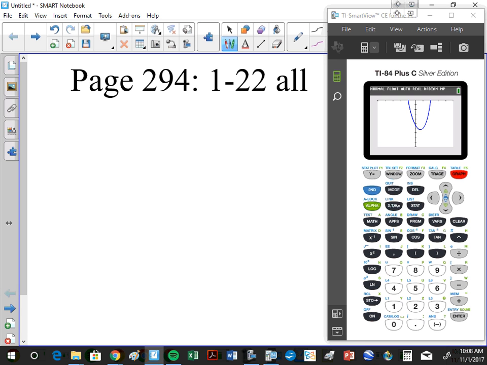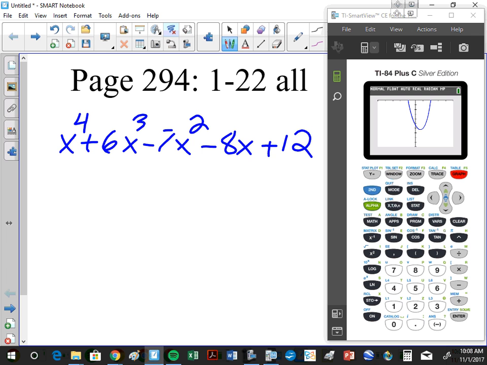So if I had x to the fourth plus 6x to the third minus 7x squared minus 8x plus 12. Let's think about that. If that equation came from multiplying factors together, so I have 4 factors.